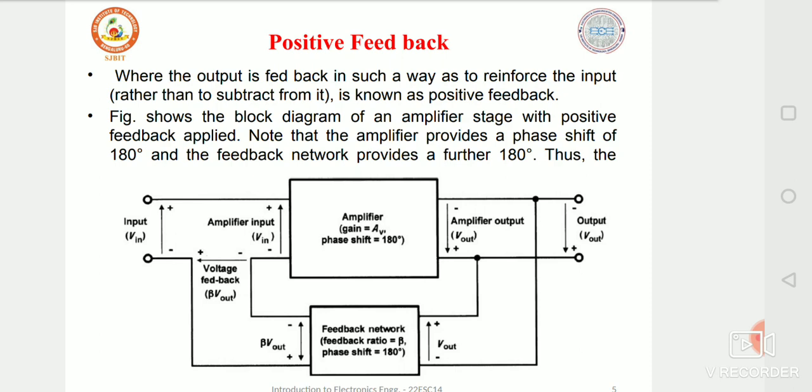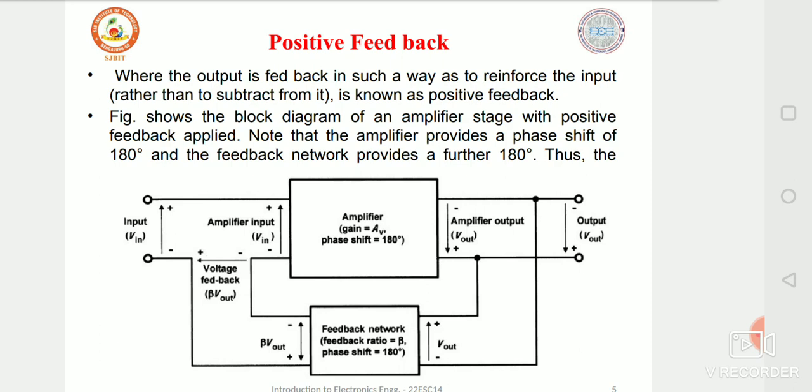We know there are two types of oscillation: damped oscillation and undamped oscillation. Damped oscillation means the amplitude keeps reducing while the frequency is constant.